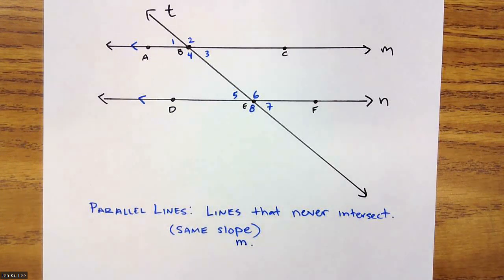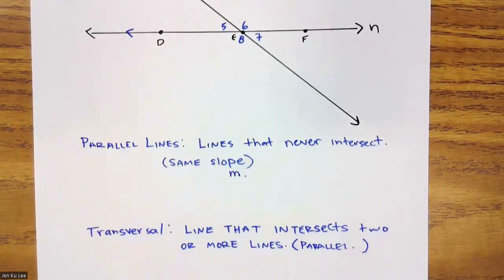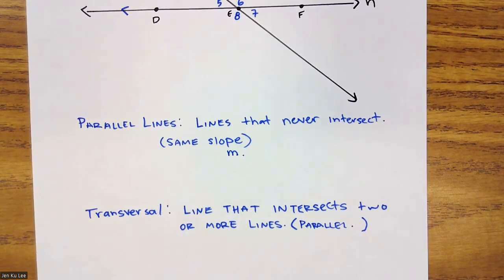In our case, our transversal will always intersect parallel lines. Okay, lines that intersect two or more lines. Okay, in our case, in this section, they're gonna be parallel. All right? Okay, so those are the vocabulary words for today. And we have to learn to label them before we can talk about them.